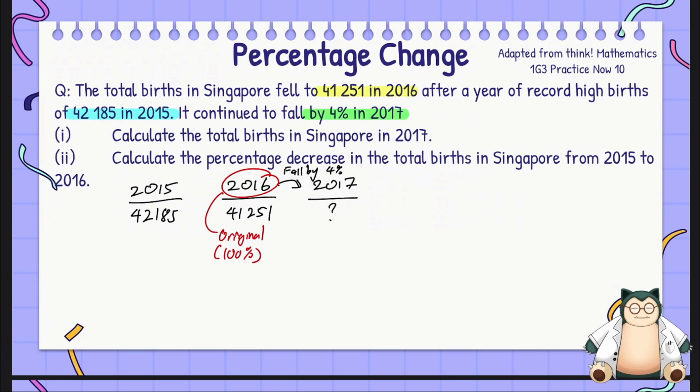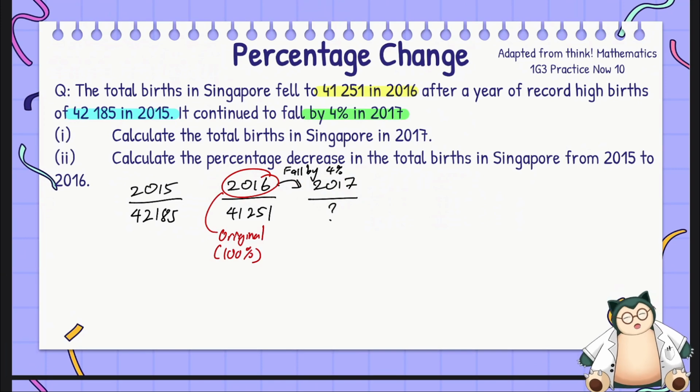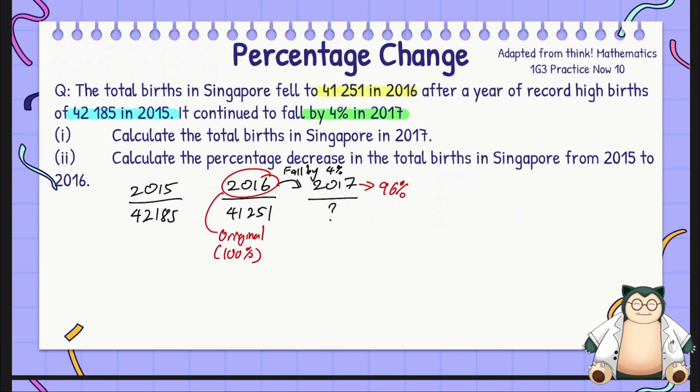So if 2016 is 100% and 2017 falls by 4%, then 2017 would be 96%, since 100 minus 4 gives you 96.